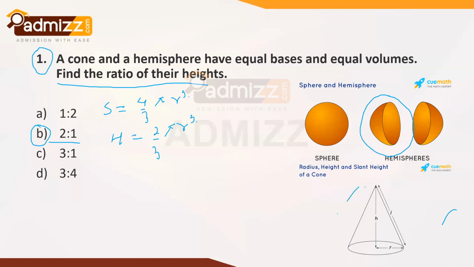Next up, we know what a cone is. It's basically this figure, and the volume of a cone, which I'll be representing by C, is equal to 1/3 pi r squared h, right? This h is the height of the cone, and in case of hemisphere, the radius is basically the height, because that's the only parameter that we have.